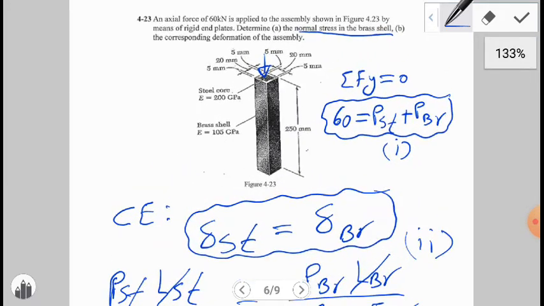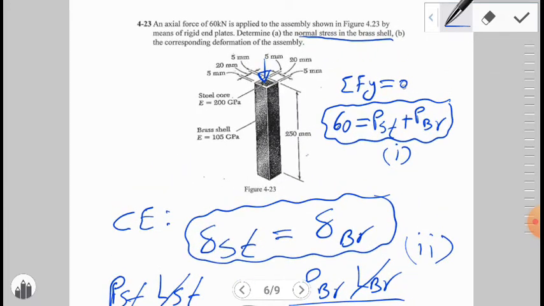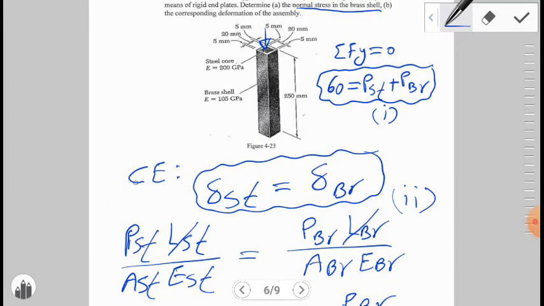Based on the equation of equilibrium, sigma Fy, the total axial force applied is supported by P steel plus P brass. And based on the compatibility equation or concept, we can write a relationship between the deformation of the brass and steel. Because they have been stuck together, they act as one member under the axial force. That's why we can say delta steel is equal to delta brass.